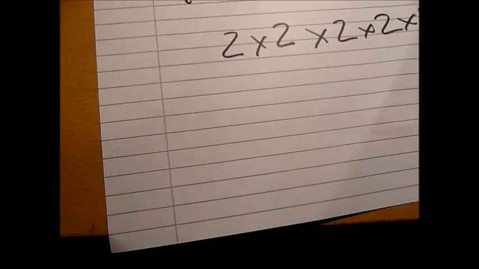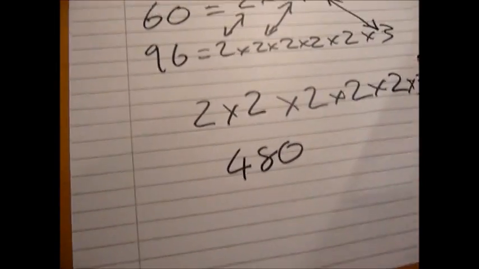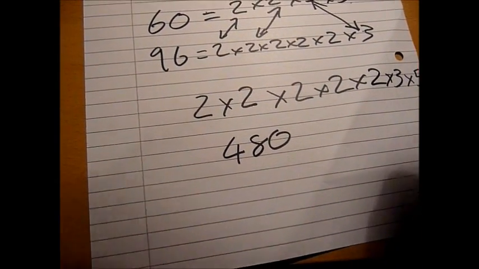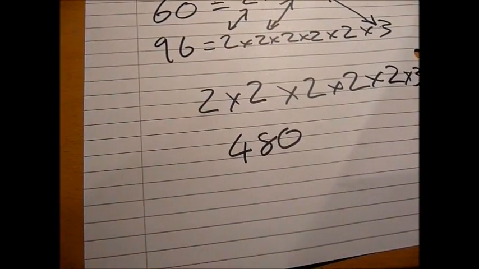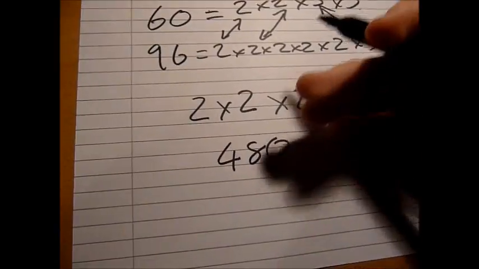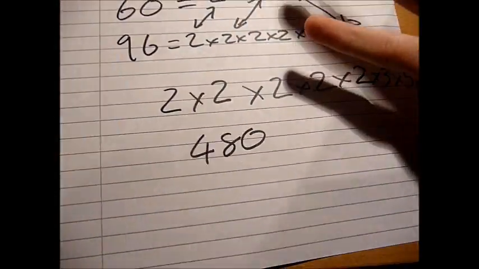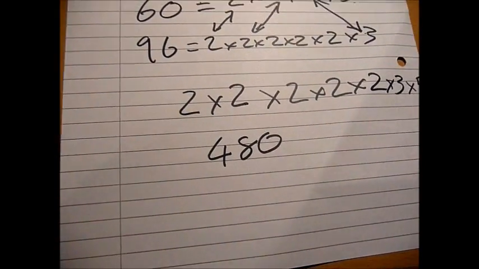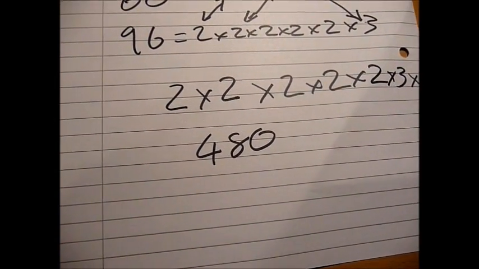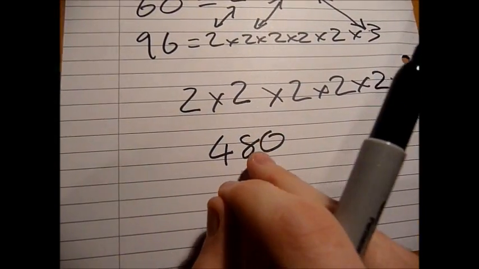So that is 480. That is the lowest common multiple of 60 and 96. If you didn't know what the lowest common multiple means, basically if you kept timesing 96 by 1, then 2, then 3, then 4, then 5, and so on, and you kept timesing 60 by 1, then 2, then 3, then 4, then 5, the first number that you would get to in both of them that is the same would be 480.